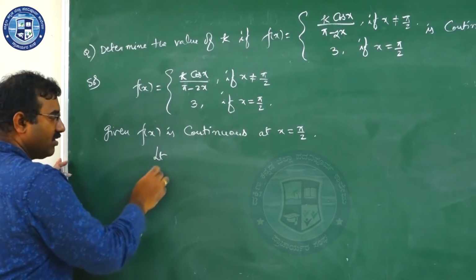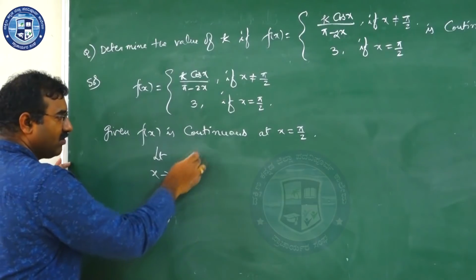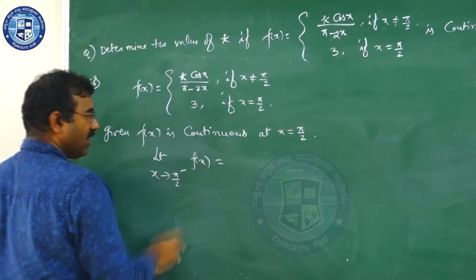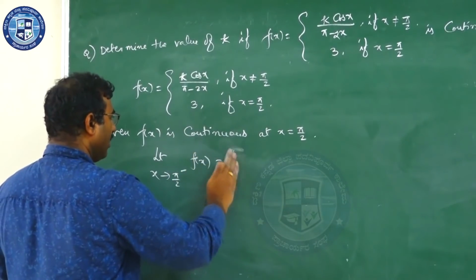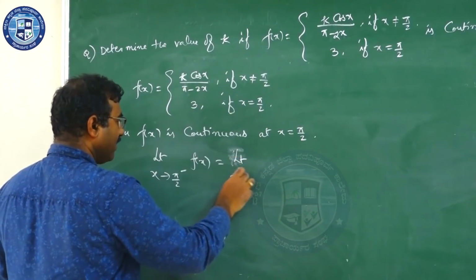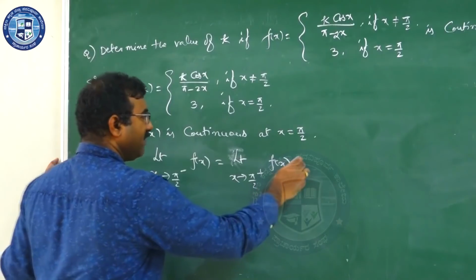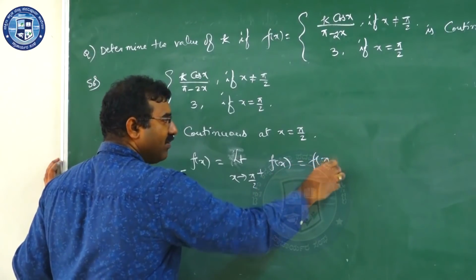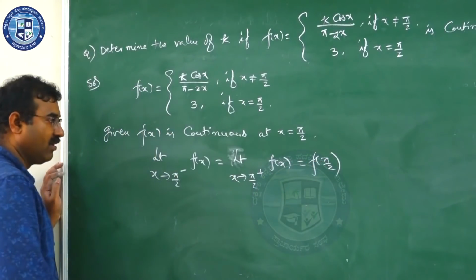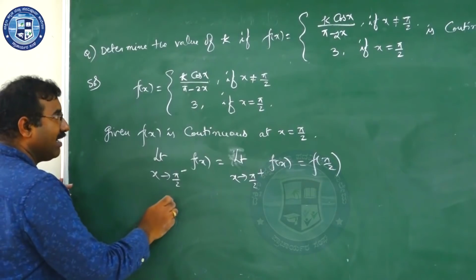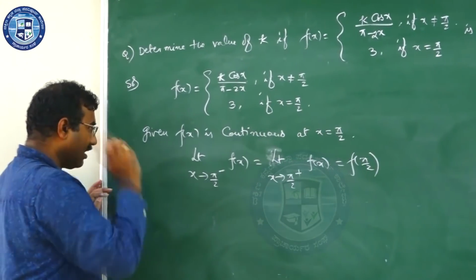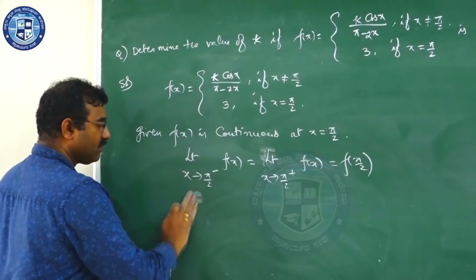The left hand limit at pi by 2 of the function and the right hand limit at pi by 2 of the function must be the same as the function value at pi by 2. Now we will write the functions here.